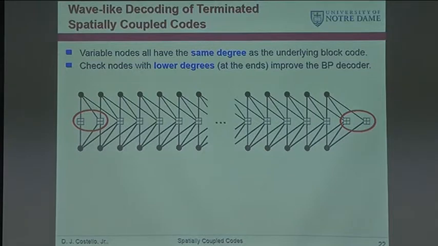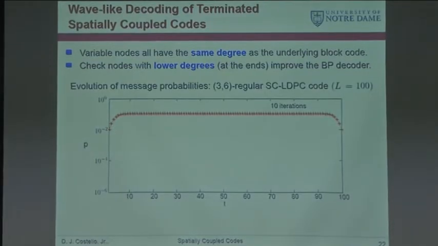And we can visualize the effect of that if we look at the evolution of the erasure probabilities with iterations for a 3,6 regular spatially coupled code with L equal to 100. So here on the horizontal axis is the iteration number, and this is the time index.